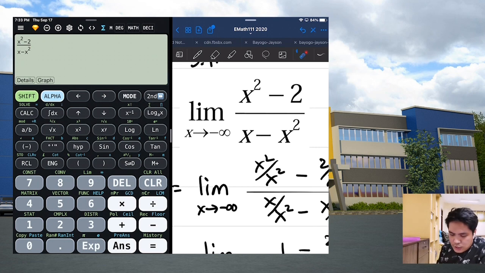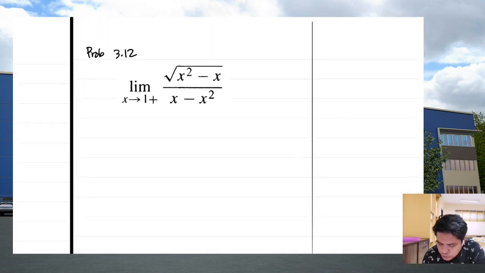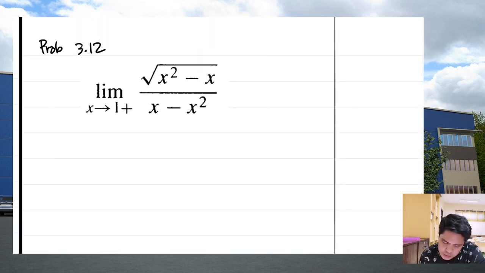So, that's a very large negative number. So, let's do precisely that. Let x be a very large negative number. So, I would choose negative 99999999999. So, that's a very large negative number. The result is negative 1. That's it. Next, for problem 3.12, so we have this.